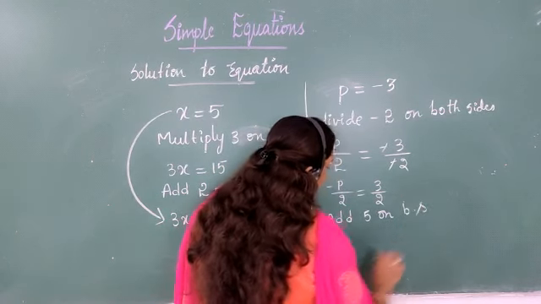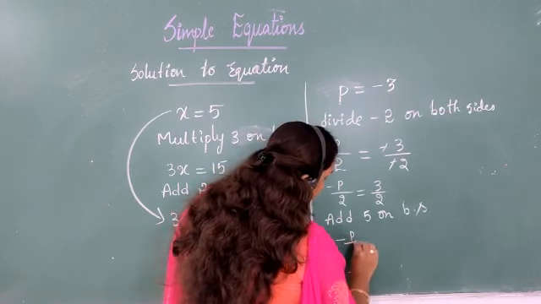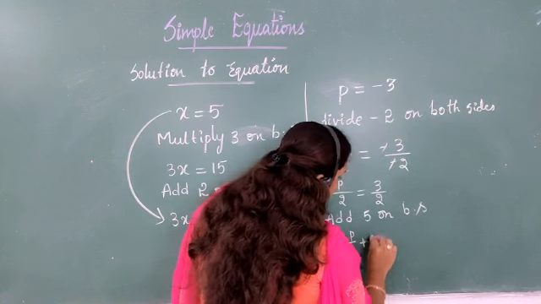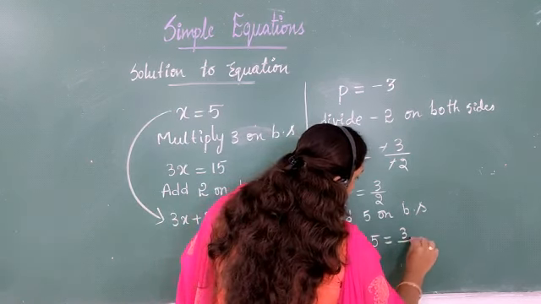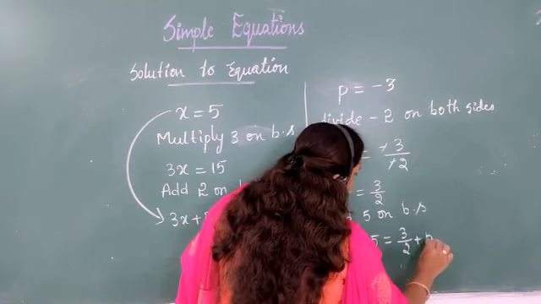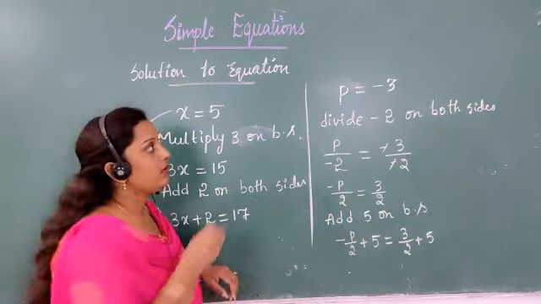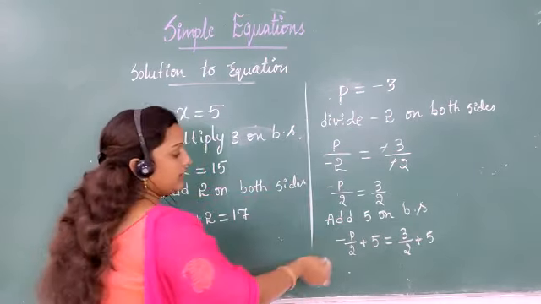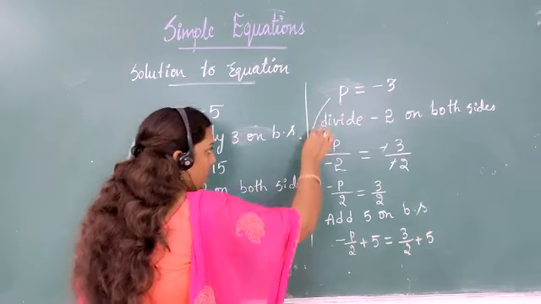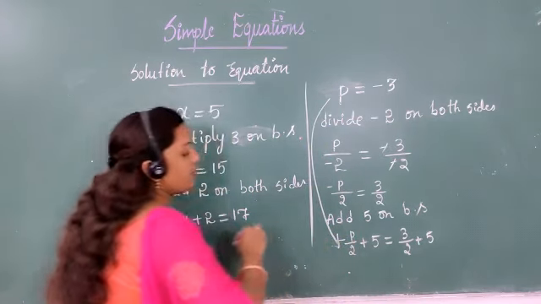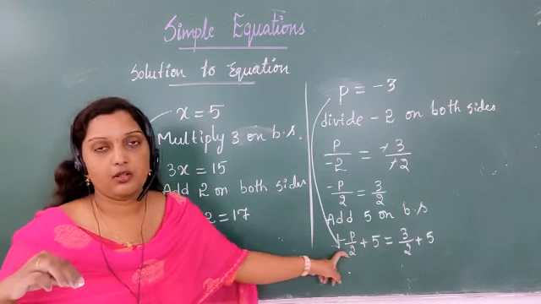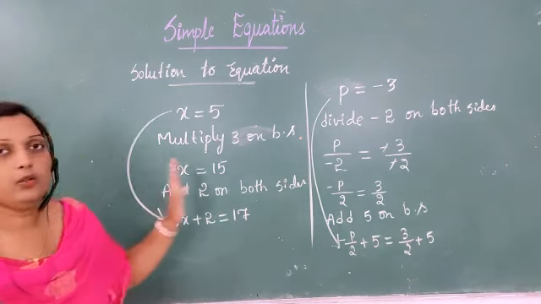What I will get? Minus p by 2 plus 5 is equals to 3 by 2 plus 5. So this is the solution and this is the equation. So this is how you do solution to equation.